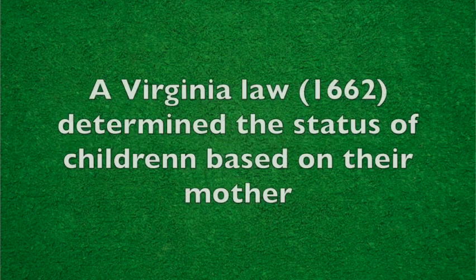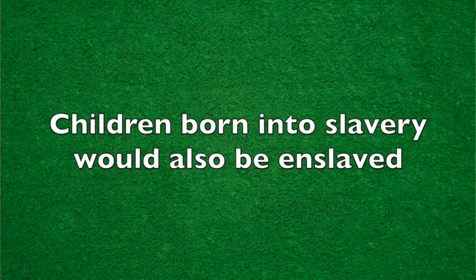In 1662, Virginia passed a significant law that determined a child's status based on the status of their mother. This law meant that children born to enslaved mothers would also be enslaved, ensuring the perpetuation of slavery through generations.